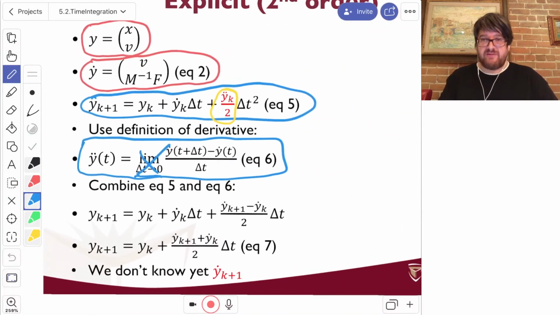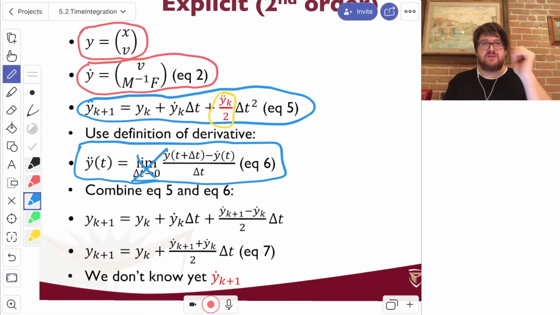But we have the same problem as before. We don't know the first derivative. We don't even know y_{k+1}, let alone the first derivative, because this is what we're trying to compute.